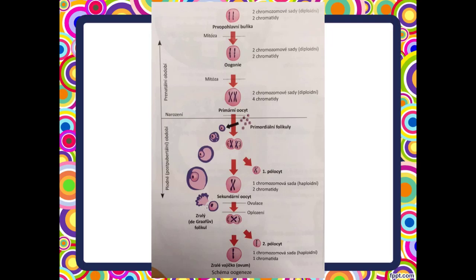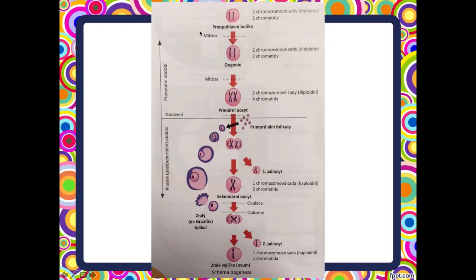Please notice that the number of oogonia, respectively the primary oocytes, is definitive, and there are no other oocytes which could be created and produced after the delivery, the birth of the baby, the woman.